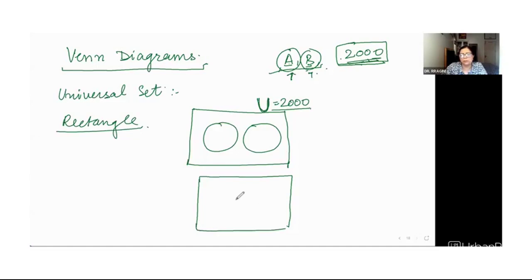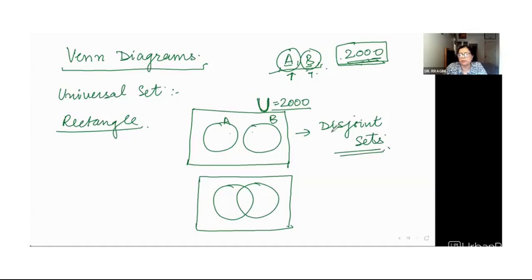And we can do it this way also, right? That we will learn in the next part. So let this be A, let this be B. These are called disjoint sets.